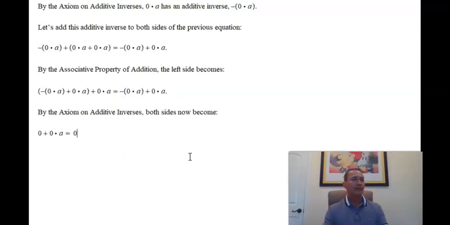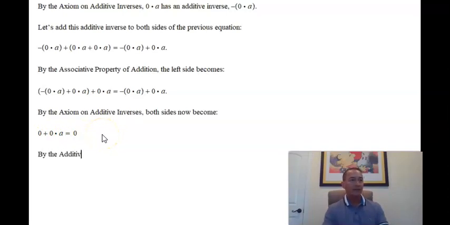Now we're almost there. Check it out. I don't know what 0 times a is, but when we add it to 0, we get 0. Now, don't we have something that says if you add 0 to anything, you get that same thing? So here we have it. I don't know what 0 times a is, but if you add 0 to it, it's still 0 times a.